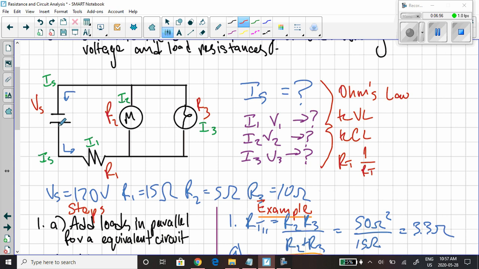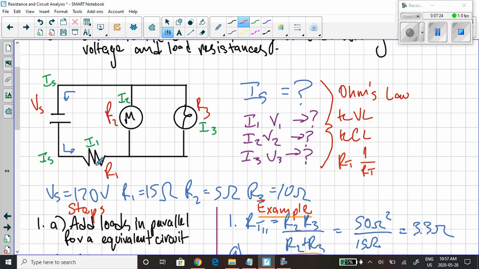Here's a circuit, and we know in this circuit that the voltage at the source is 120 volts, so we've been told that. And we see here that this is a really different kind of circuit. It's a mixture of parallel section, and then before the parallel section, there's another load.